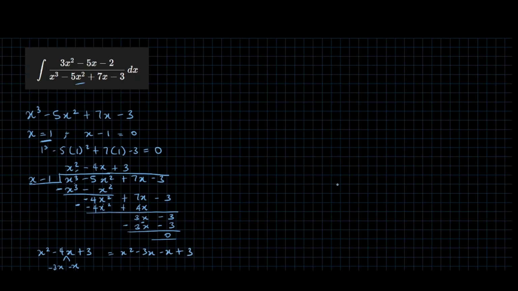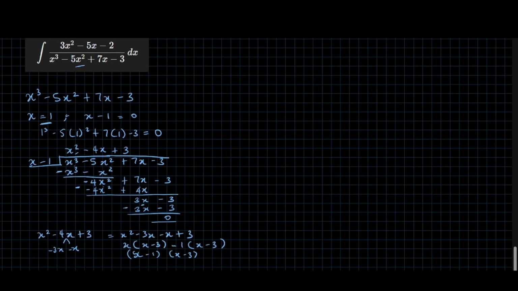Then simply factorize it: x minus 3, minus 1, x minus 3. So it becomes x minus 1 and x minus 3. So the three roots for this equation will simply be x minus 1, x minus 1, and x minus 3.